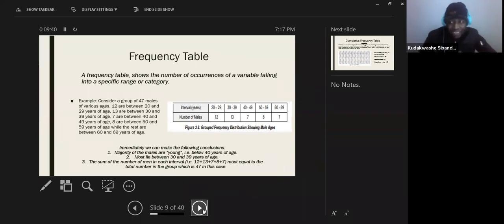more clearly, right? Then let's talk about what is called a frequency table. Basically, the chapters in the previous slides were covering unit 1 and unit 2. If you go and check your study module, unit 1 and unit 2 only talk about the theory part.